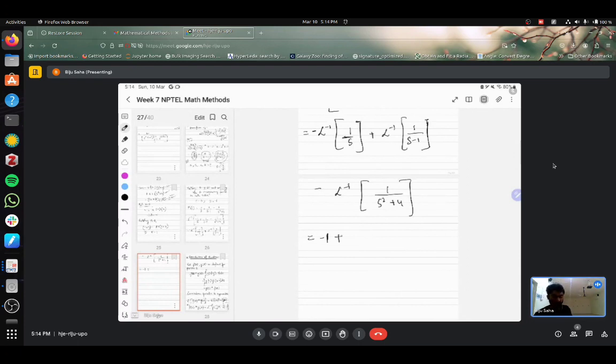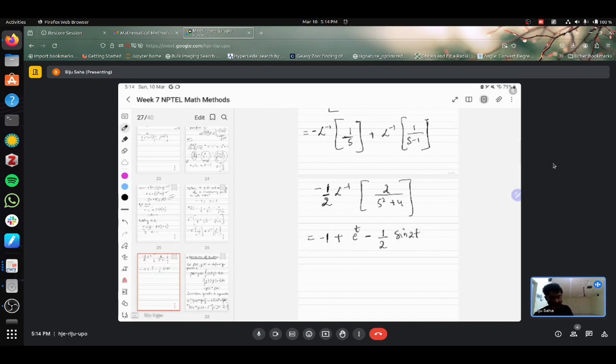Similarly 1 by s minus 1, that was the Laplace transform of which function? And the other one, basically here 2 if you add, the form becomes very much clear now. This is the Laplace transform of sine 2t.